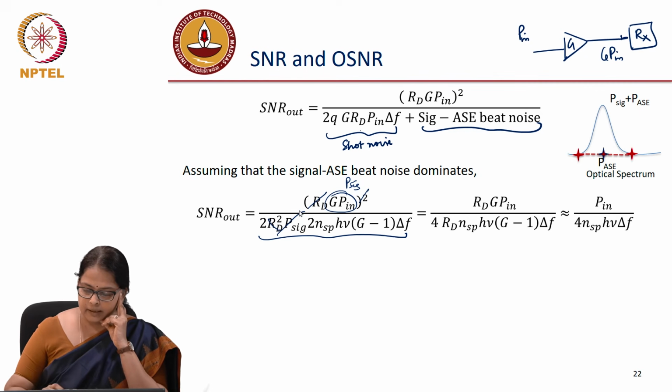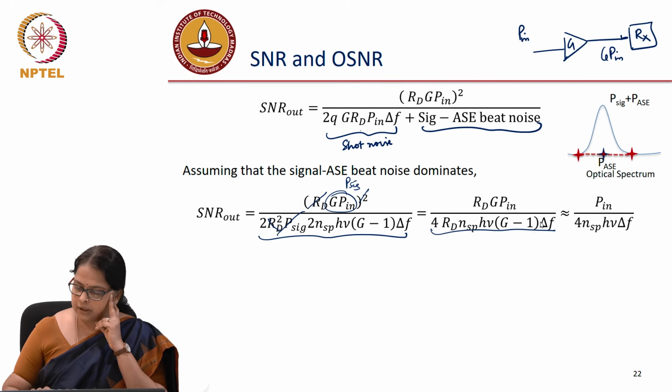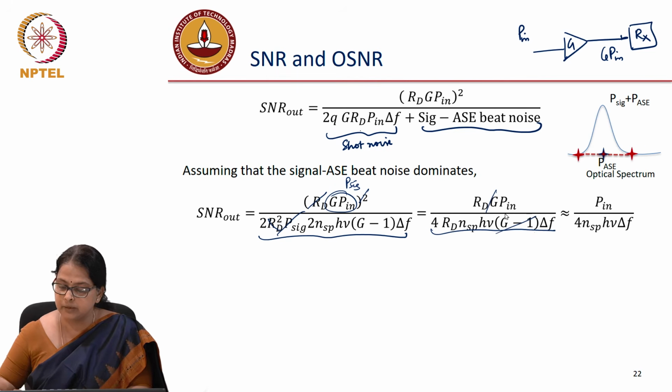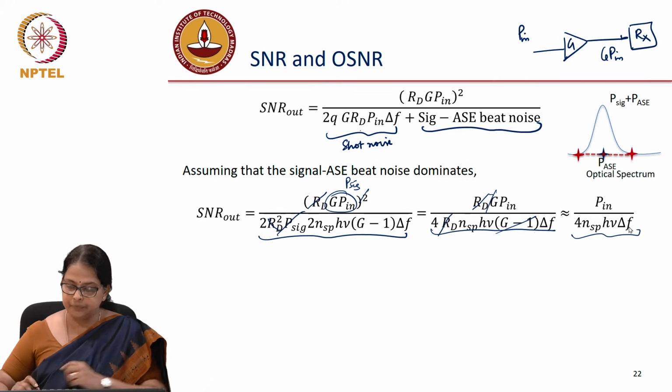So you get something like R_D G P_in divided by 4, and if you do the simplification, you can cancel out G and G minus 1. If it is a large gain system, you can approximately say this is R_D P_in divided by 4 n_sp, so this R_D also gets cancelled, so it's just 4 times n_sp h nu delta f. So this is the SNR.